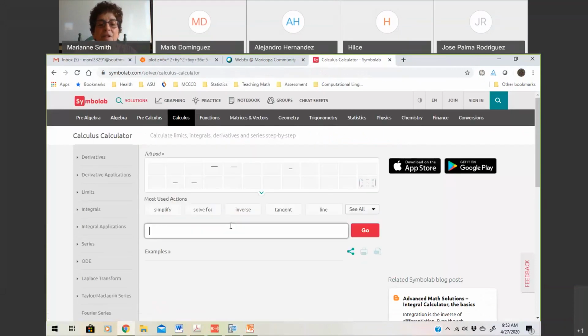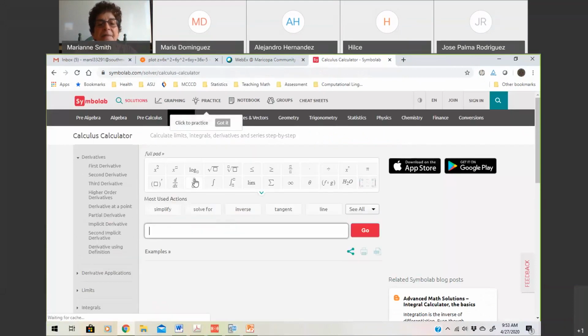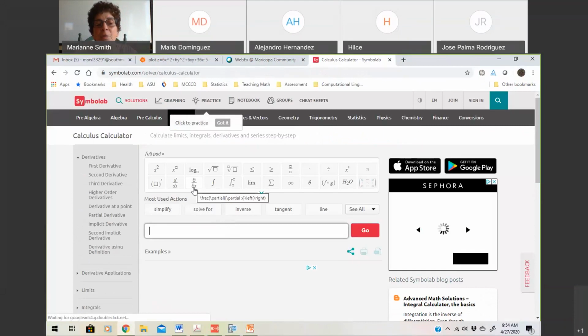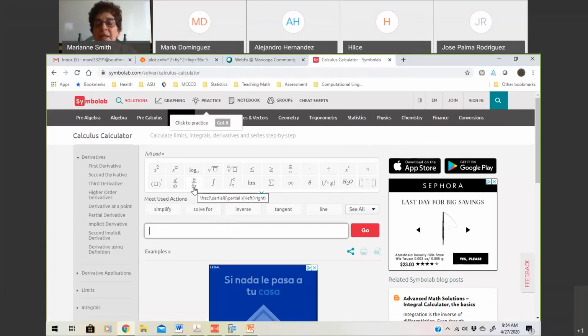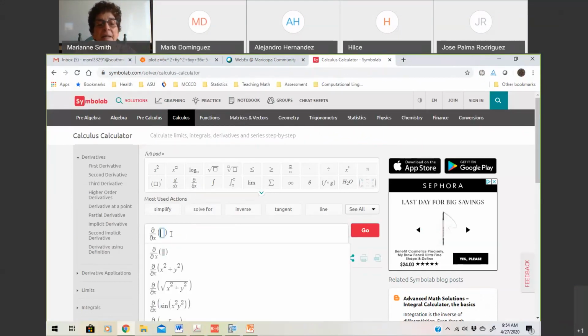See if I can find partial derivatives. Okay, see this? This is a partial derivative with respect to x. So you would be able to put a function of 2 variables in here, and you would be able to take a partial. So you'd say d dx, and then you'd put your function of 2 variables in here.